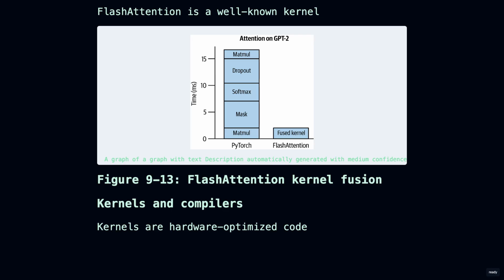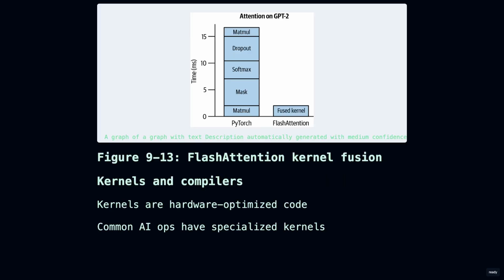They are built for repeated, performance-critical work. Matrix multiplication, attention, and convolution all have dedicated kernels. That specialization is one reason modern AI frameworks can run efficiently on different devices.